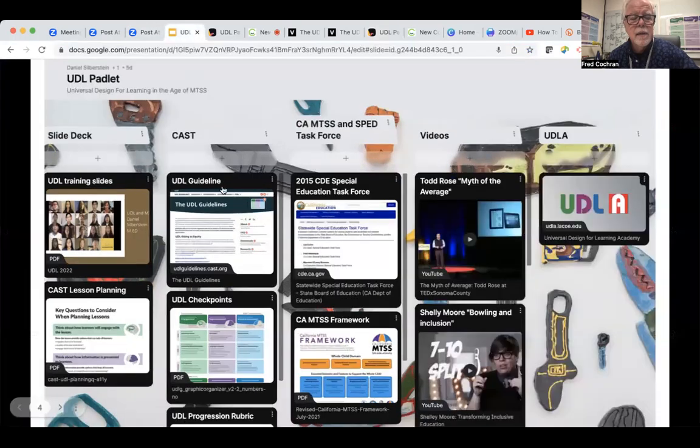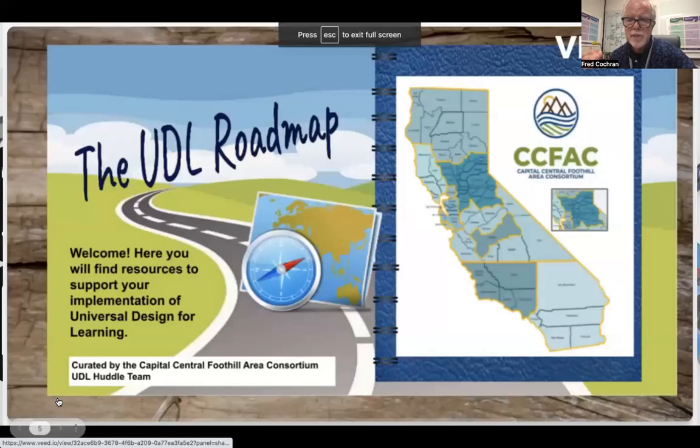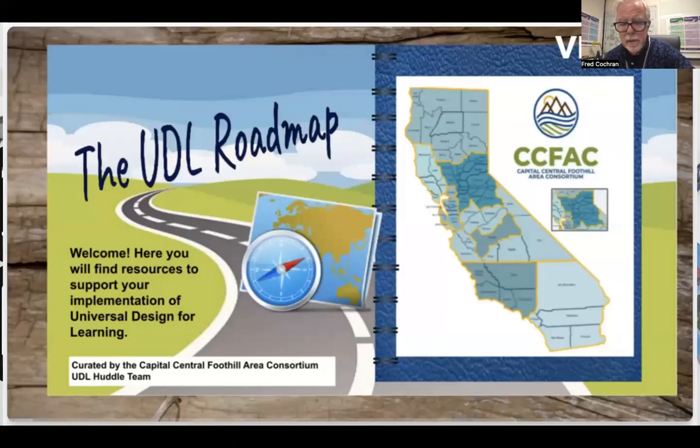All right, so here's a project I've been working on. It's called the UDL Roadmap, and it is a tool for supporting implementation of universal design for learning. This was a project I worked on with our Capital Central Foothill Area Consortium. It's a digital resource, created to be a resource for county offices in order to support universal design for learning.